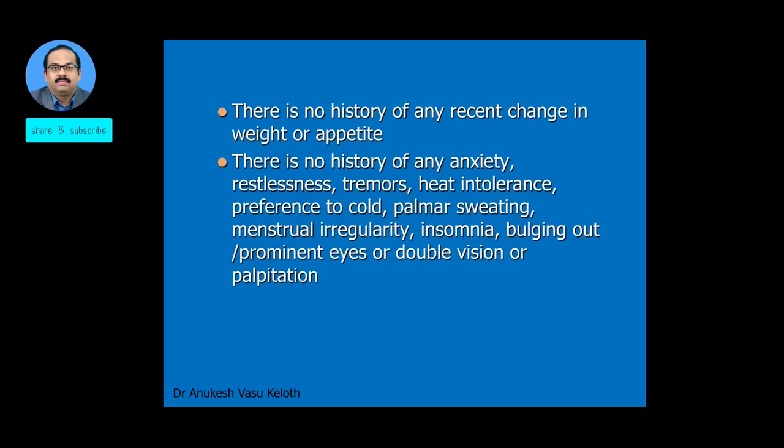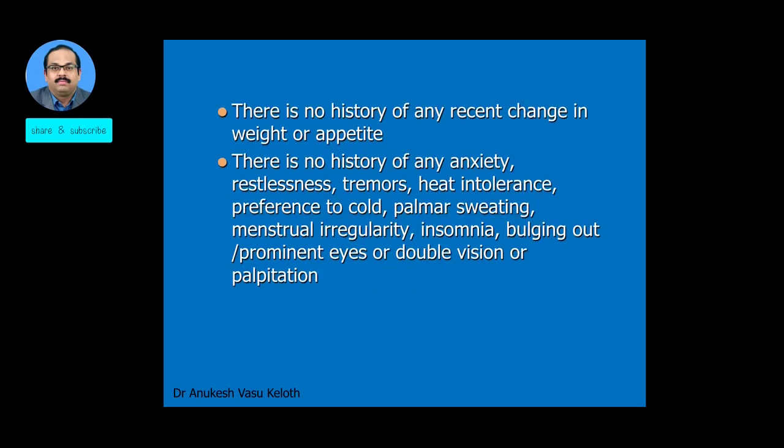Now if none of them are there, you can go ahead with this. There is no history of any recent change in weight or appetite. There is no history of any anxiety, restlessness, tremors, heat intolerance, preference to cold, palmar sweating, menstrual irregularities, insomnia, bulging out or prominent eyes, or double vision or palpitation.